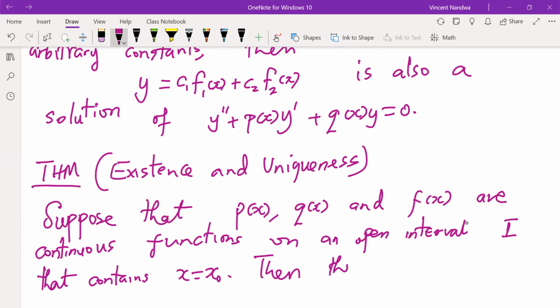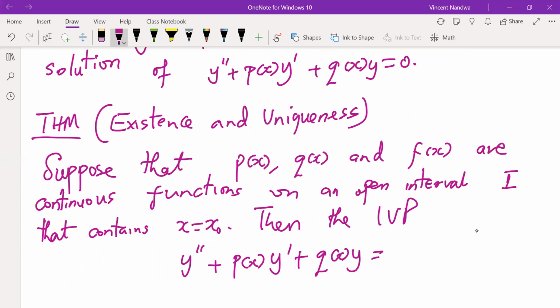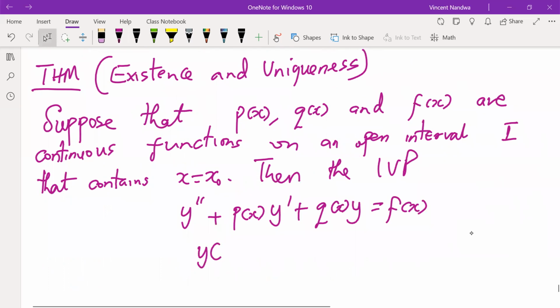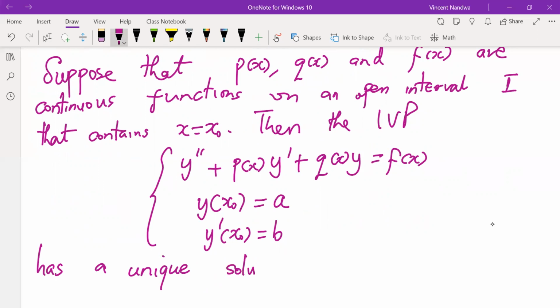Then the initial value problem y double prime plus p of x y prime plus q of x y equals f of x, subject to y at x naught equals a value a, and y prime at x naught equals a value b, has a unique solution on this interval.